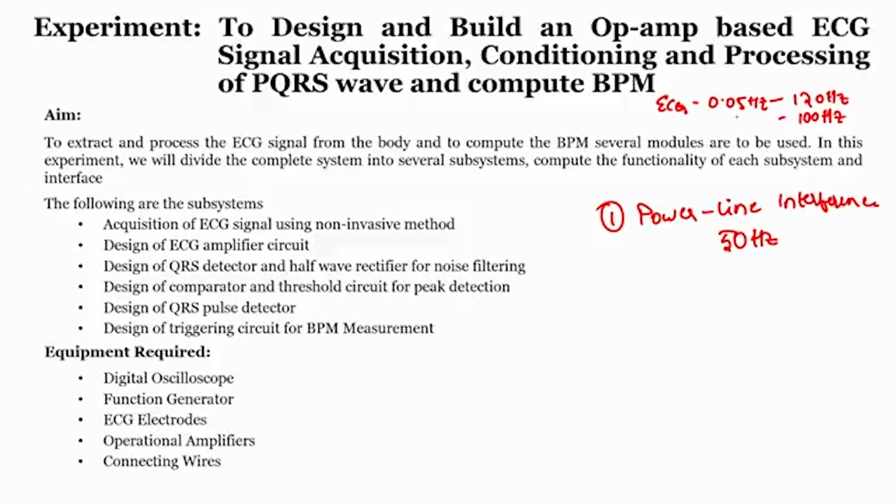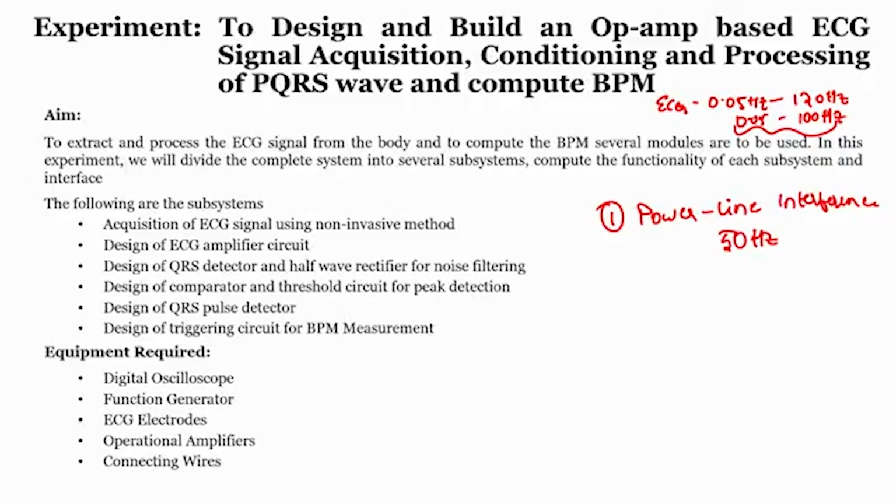This is the major operating frequency range of the ECG signal. When I compare it with the power line interference, the frequencies below 50 and between 51 hertz and 100 hertz are required for us, but frequencies greater than 100 hertz I do not require.